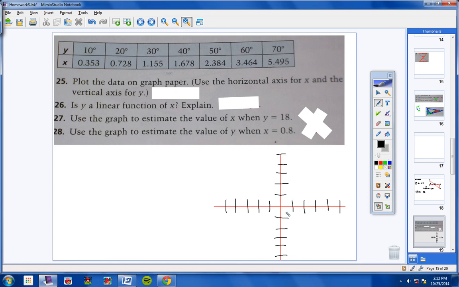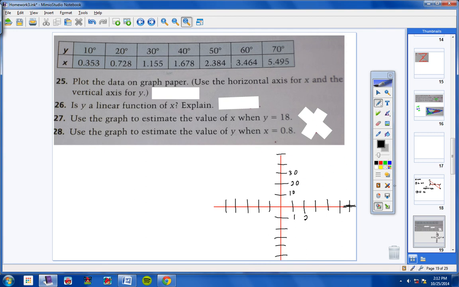And here we go. Over 10, we'll call each of the x's 1. And we'll call each of the y-axis 10. Okay? And we'll have to put some more marks on here real quick.